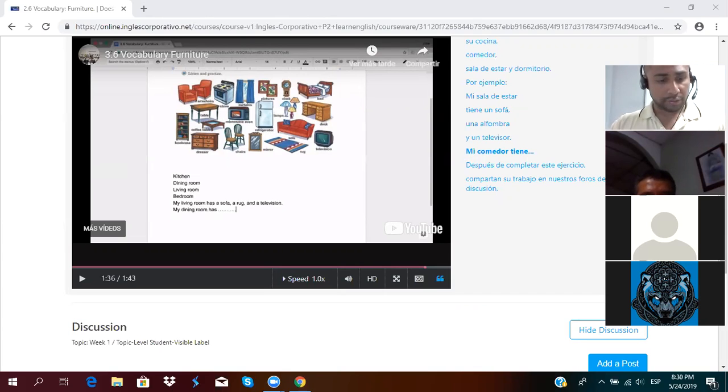Period. Número 2. My living room has a sofa. My kitchen has a microwave. Ok, esa sería la 2.